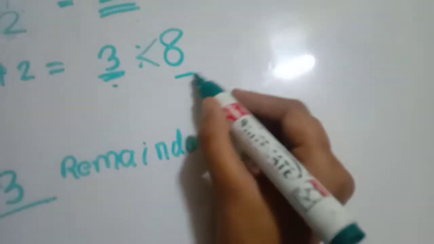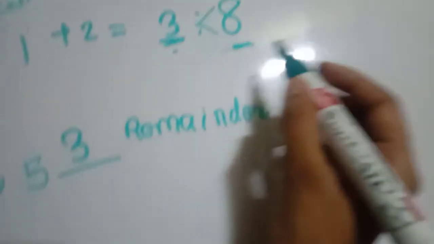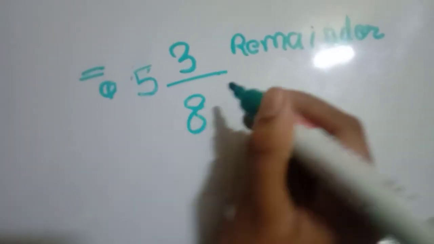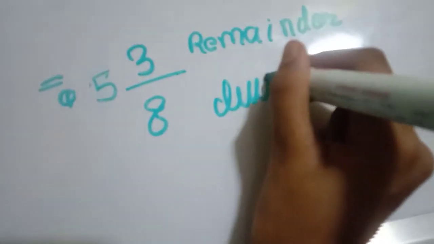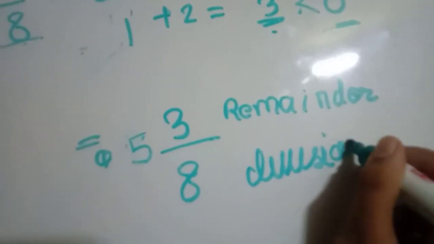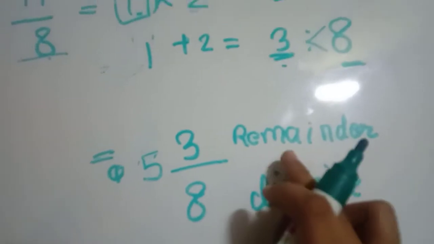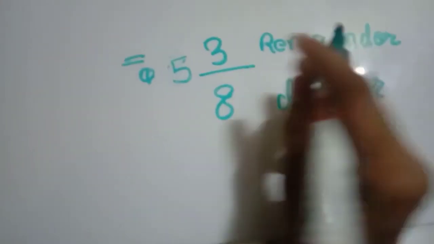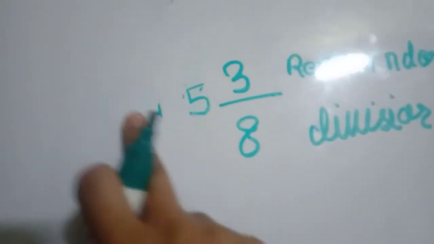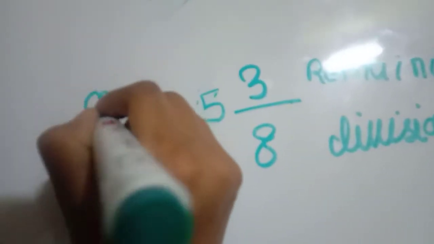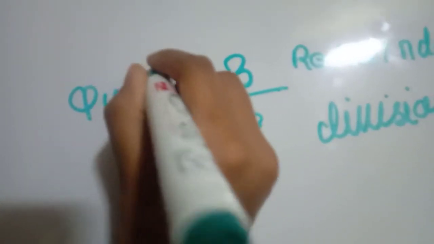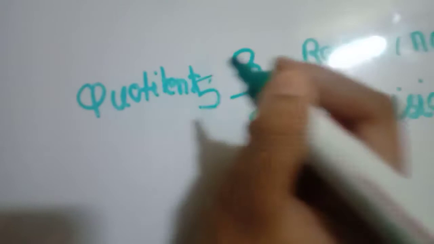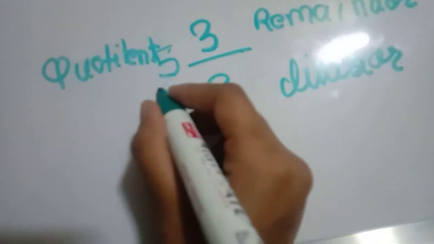And this 8 which is here is the divisor. And this 5 is the quotient.